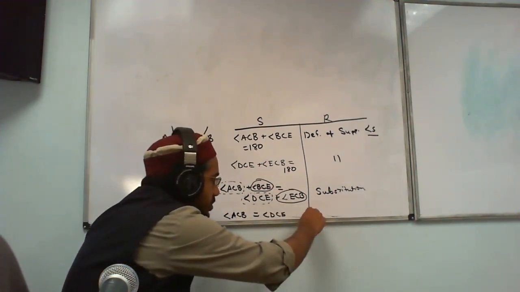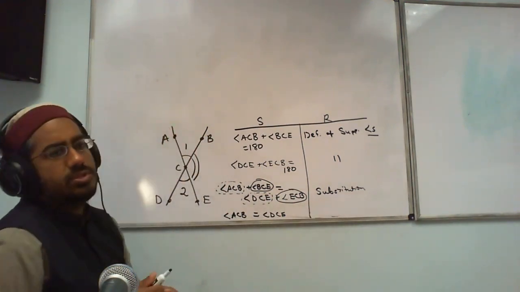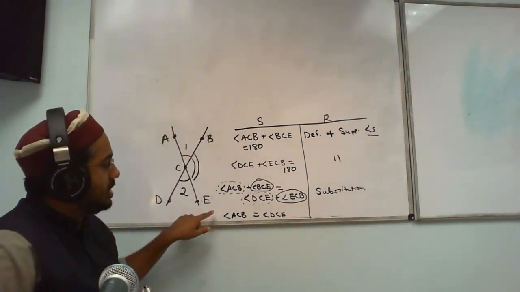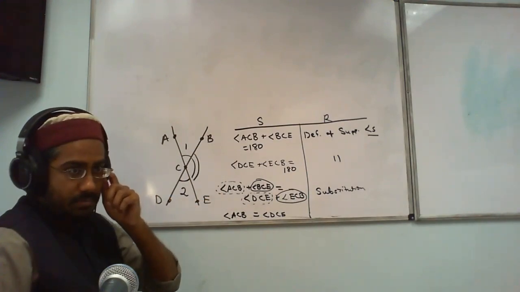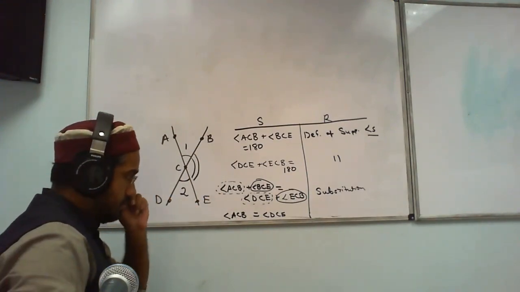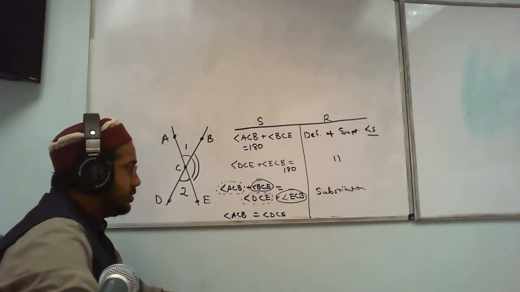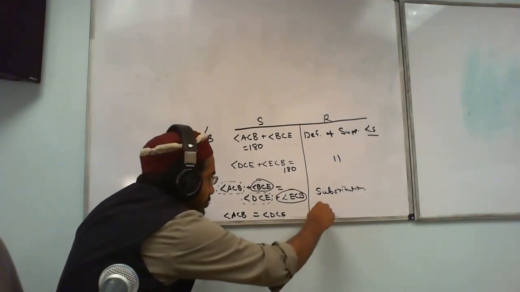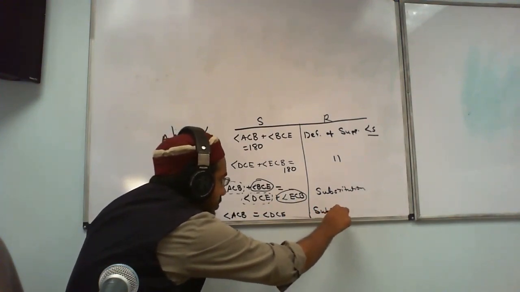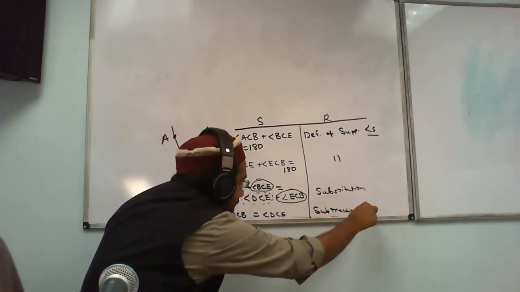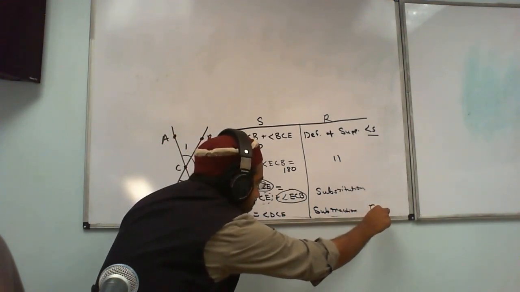And what is my reasoning? What was the thing that I used? How did I just get this statement from here? So what did I do? I subtracted them out, right? So, subtraction property of equality.